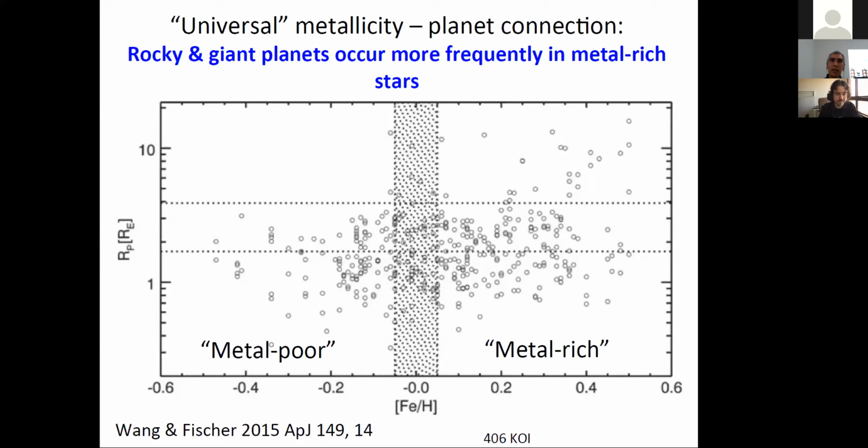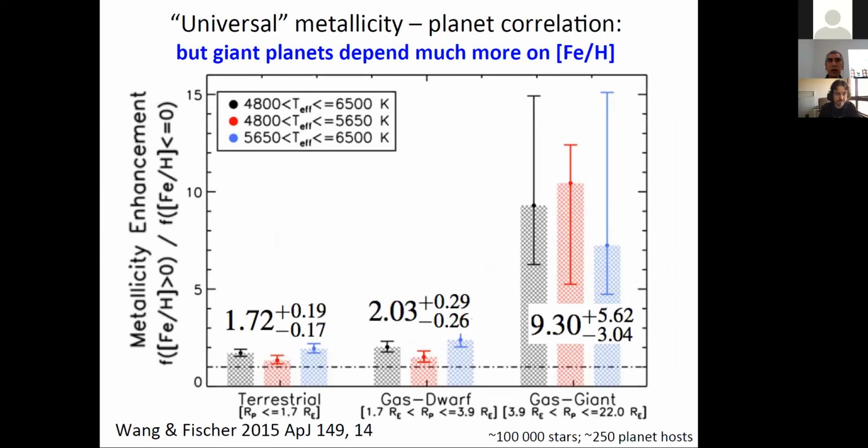They separated the samples into metal poor and metal rich, and you can form these smaller planets at any metallicity, but they suggested that maybe even the smaller planets also have some sort of planet-metallicity correlation, but at a much lower level than for the gas giants. So you can see here that for the gas giants, you increase the frequency a lot, and for the smaller planets, you may increase the frequency a bit also.